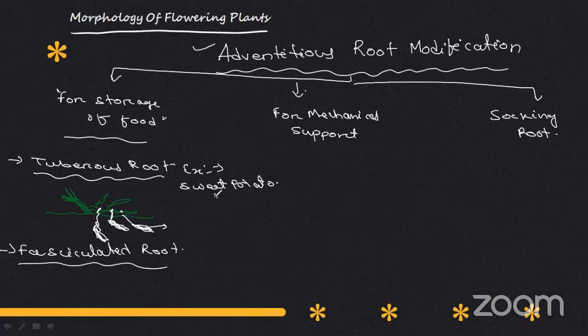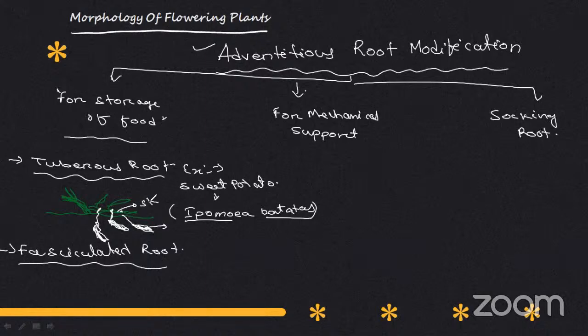Okay, and what is the biological name for the sweet potato? That is Ipomoea batatas. In case of Ipomoea batatas, there is the presence of an adventitious root, and that adventitious root is developed from the stem.